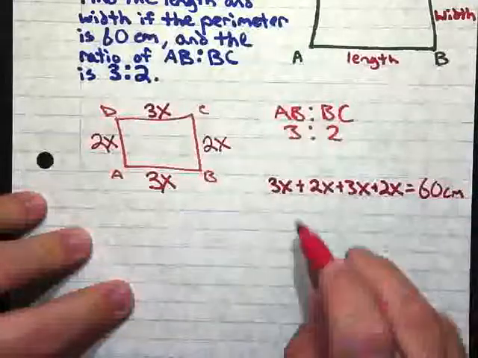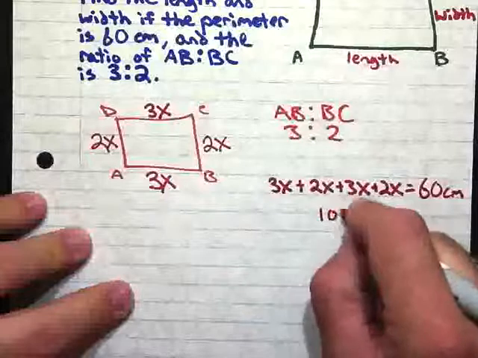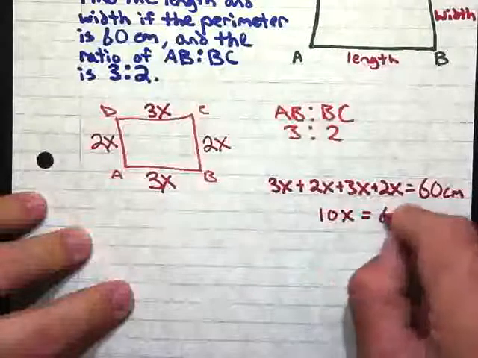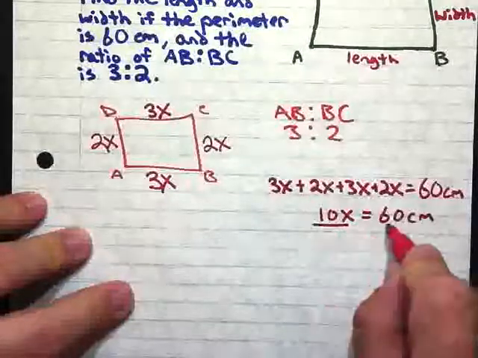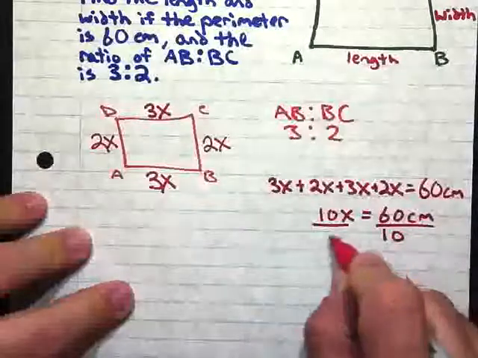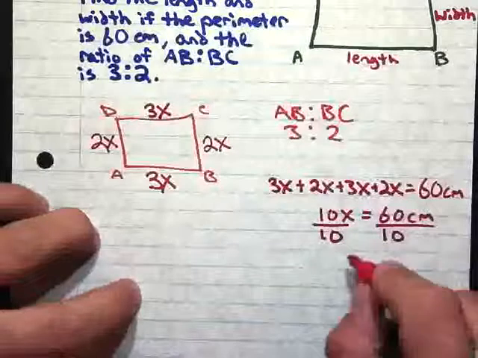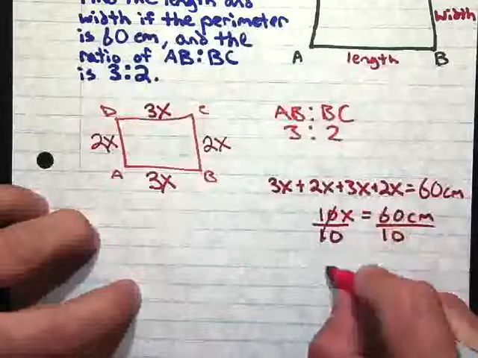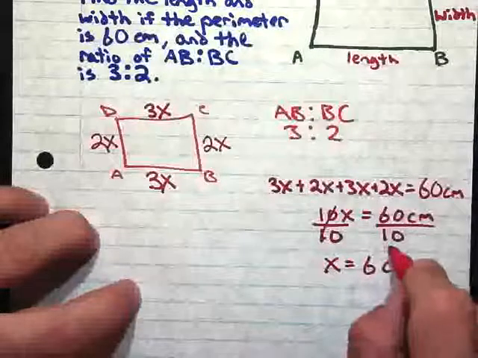When we add all of our x's up, we end up with 10x equals 60 centimeters. We divide both sides by 10, and our 10's cancel out, leaving us with x equals 6 centimeters.